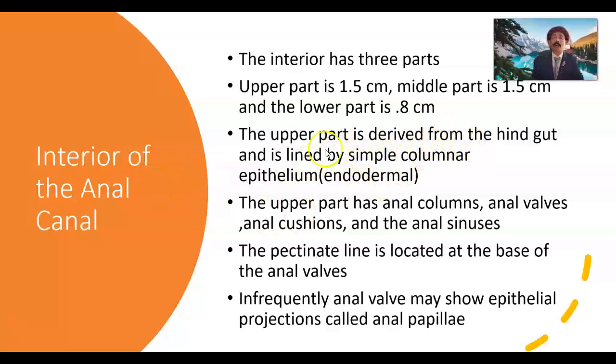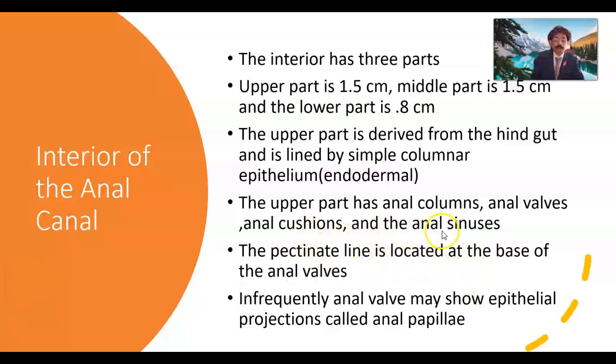The upper part of the anal canal is derived from the hindgut, from the endodermal cloaca. It is lined by simple columnar epithelium. This is endodermal origin. The upper part has anal columns, anal valves, and anal cushions in the wall. Anal cushion is formed by connective tissue and blood vessels containing the venous plexus and branches of the superior rectal artery.